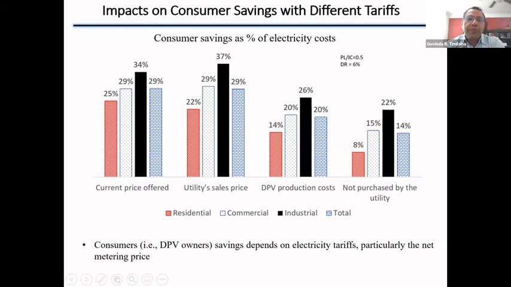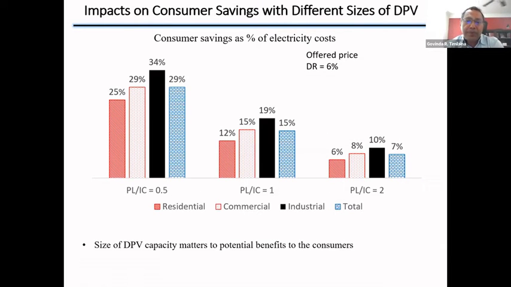Now, as I mentioned before, the benefit depends on the size of the DPV with respect to the peak load. The first graph is where the peak load to installed capacity ratio is half, meaning the installed capacity is twice as big as the peak load.